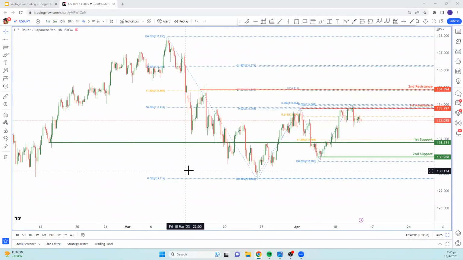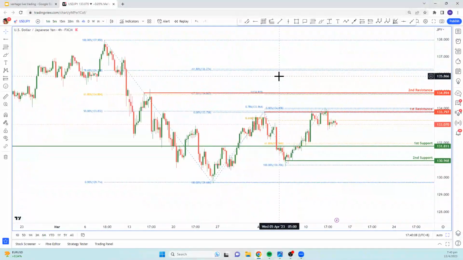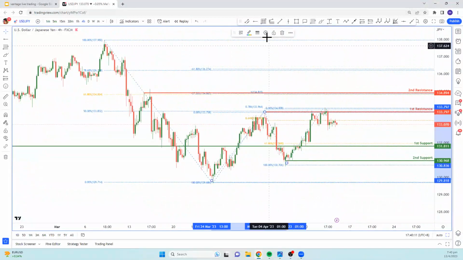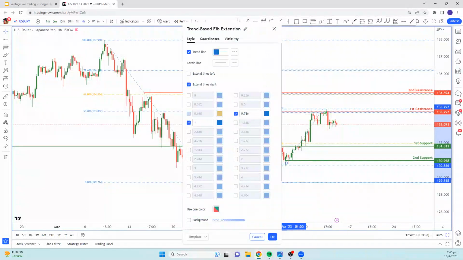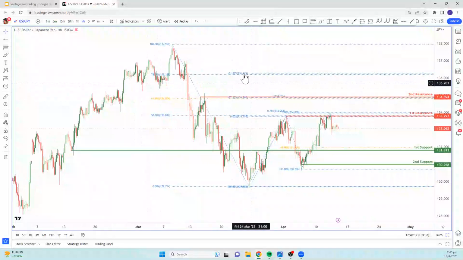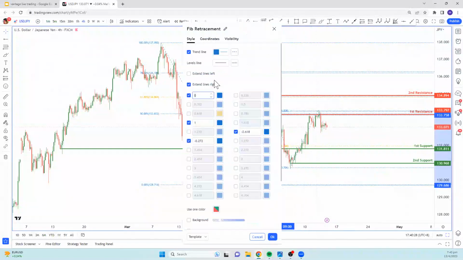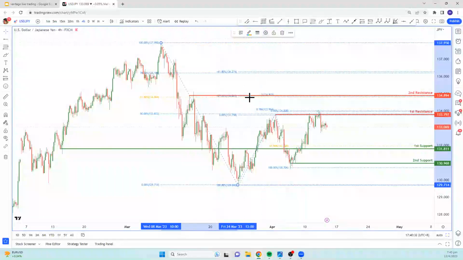Okay, let's see if we have any other levels that we can take note of. Okay, it doesn't look like it. So these are levels that you can take note of as well, this negative 61.8 Fibonacci expansion. But they are a little bit far from where price currently is, so it might be a bit irrelevant. So I'm going to remove that just so that our charts are clearer.